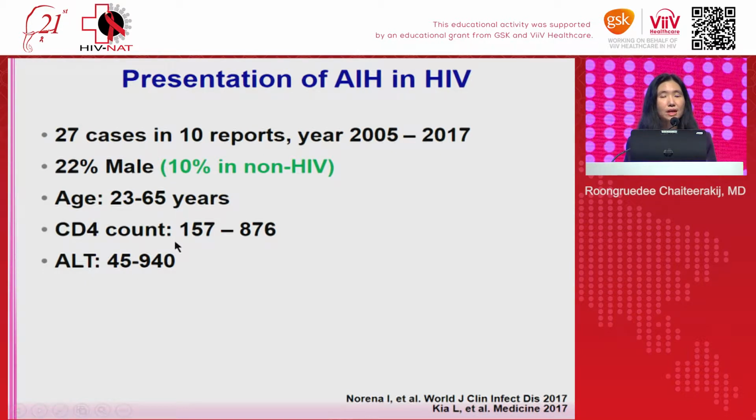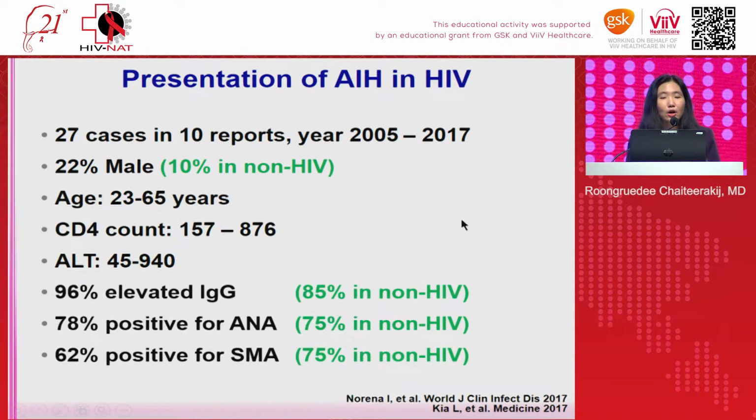CD4 count at the time of AIH diagnosis usually is quite good. Most of them have a CD4 count of greater than 250 or 300. ALT elevation or hepatitis could be mild, moderate, or even severe hepatitis. Regarding the elevation of IgG, most of the patients have an elevation of IgG.